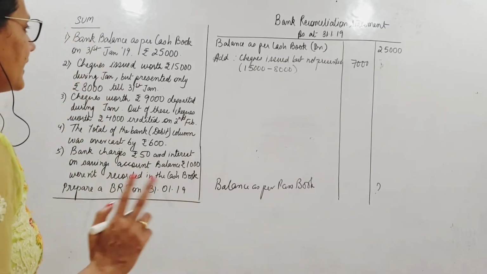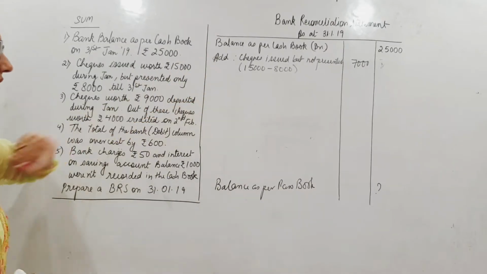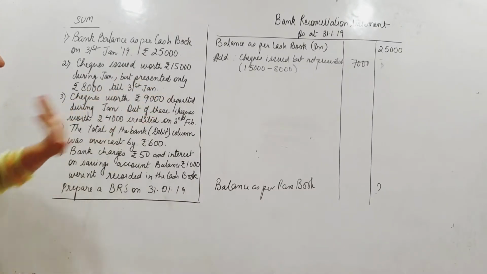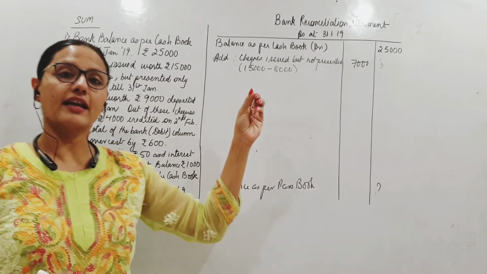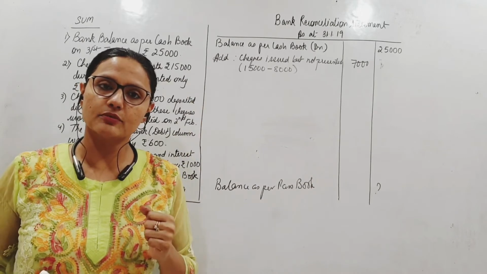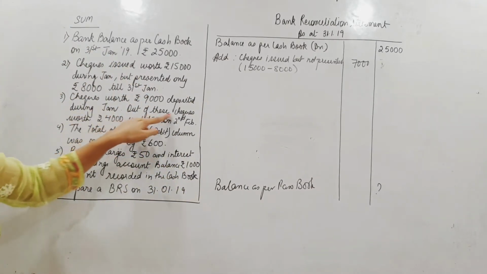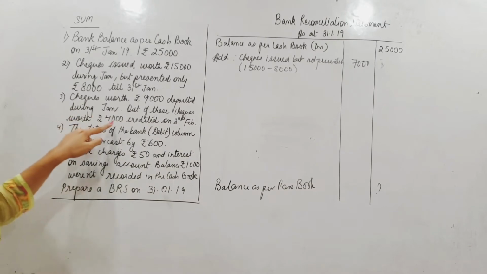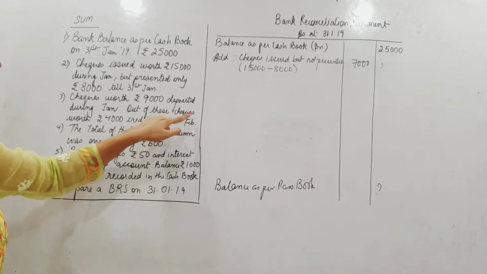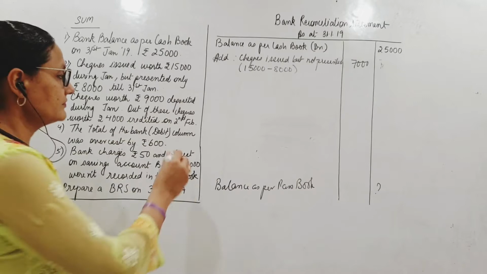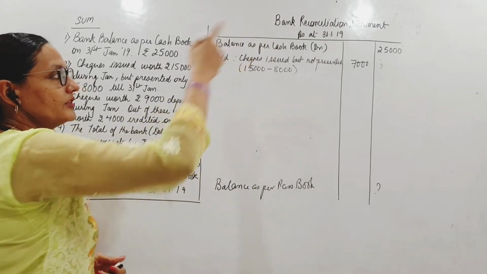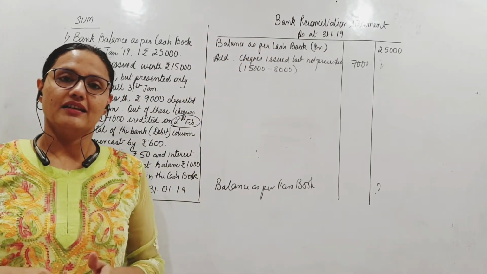So there is again a time lag, just the way it happened here. Checks worth 9,000 deposited. So what do I record in the cash book? 9,000 has come into the bank in the cash book. But out of these checks, worth 4,000 were credited on 2nd Feb. Mind you, 2nd Feb is after the BRS date.